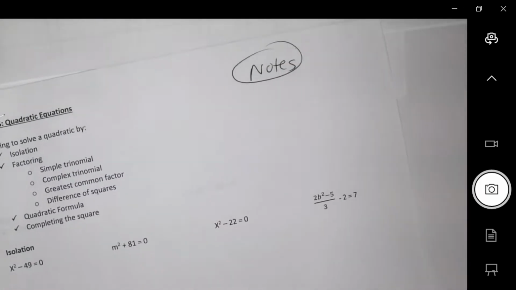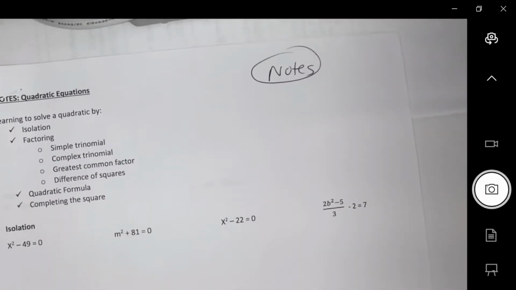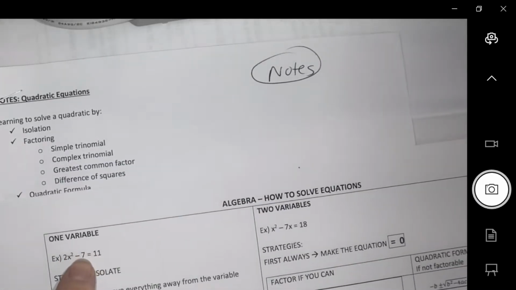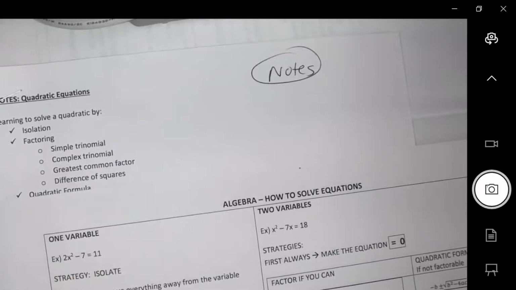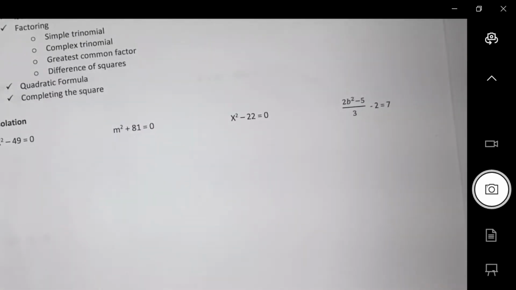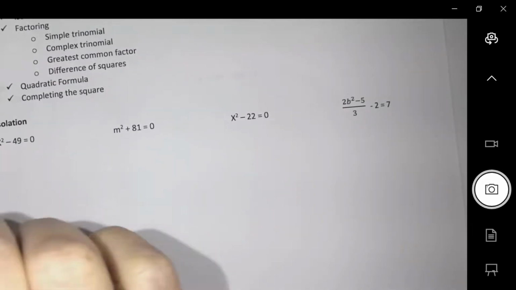So the first part of the algebra branch is, what if I go this way and only have one variable type? So isolation. Okay. So what does isolation look like? Okay, so I'm going to do what to get this alone?